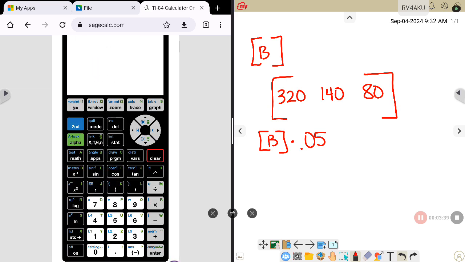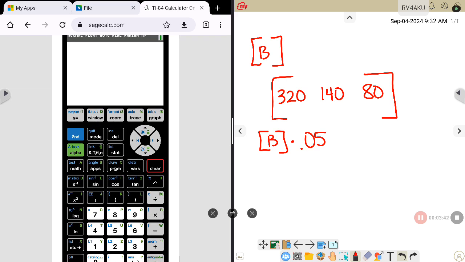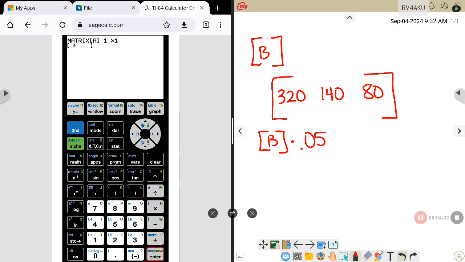And go to matrix. So we're going to follow the steps. We're going to go second, then matrix, which is the x to the -1 button, and we're going to create a new matrix. So go over to edit, and we're going to edit matrix A. So the first thing we need to know is tell it how many rows and how many columns.